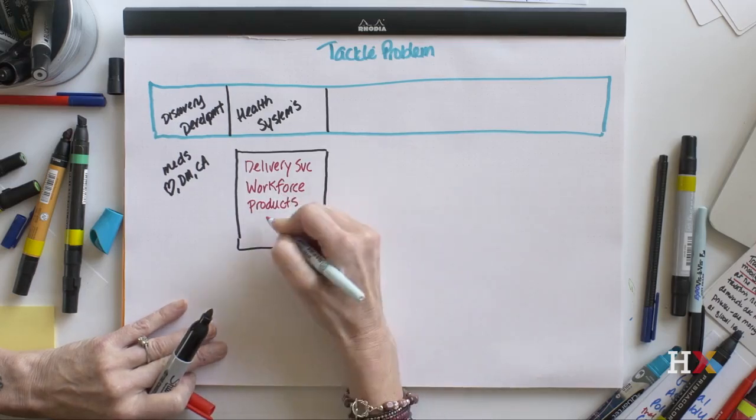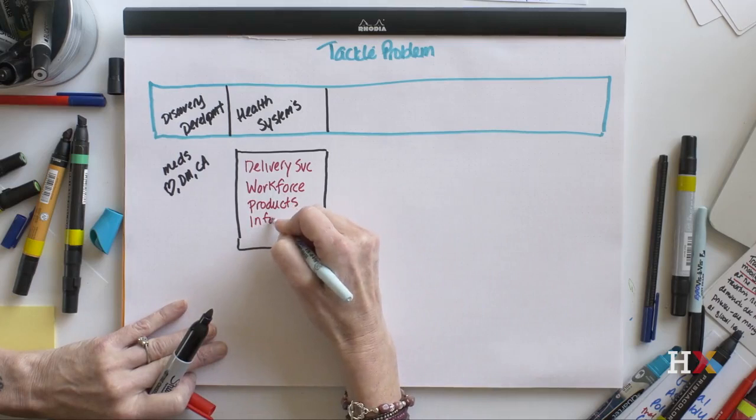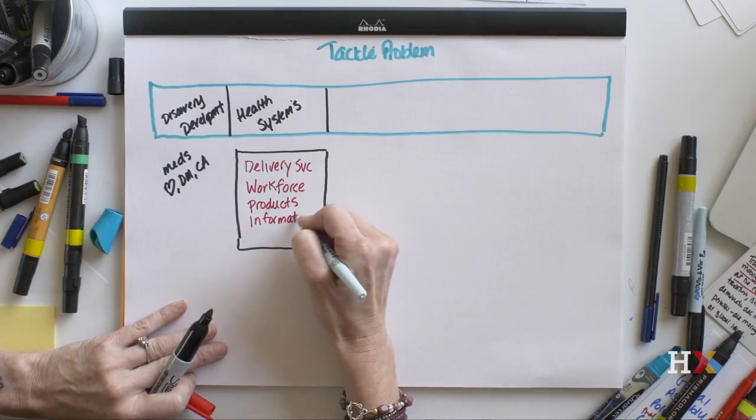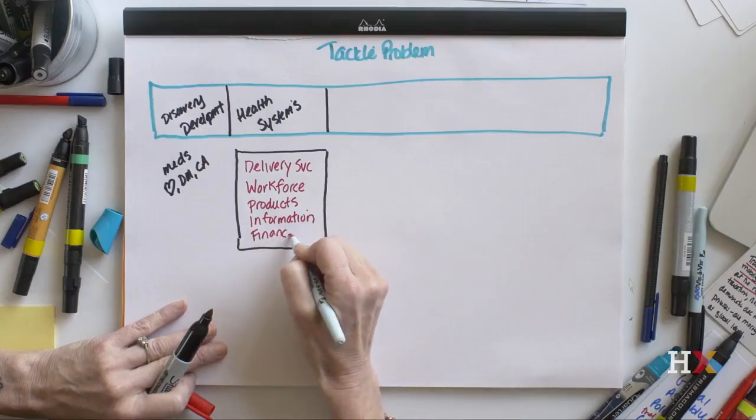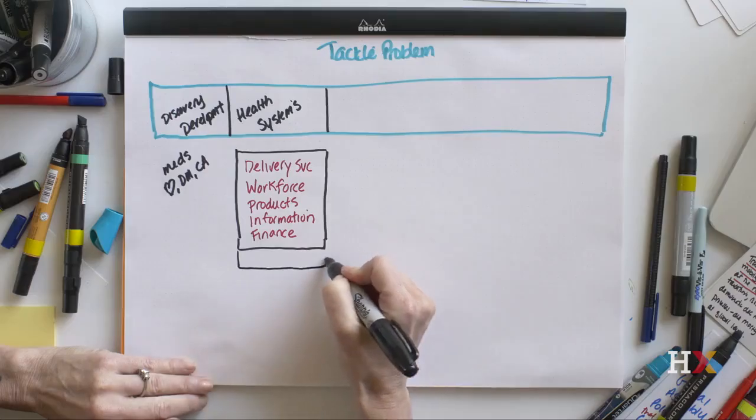Information systems, and that includes collecting data and having the capacity to interpret that data so you can continuously improve your health system. Finance, and how you're going to pay for it and sustain it. And then finally, I'm not sure if I did this on purpose or not, but I didn't draw the box large enough for one of the most important and neglected functions, which is stewardship and leadership.